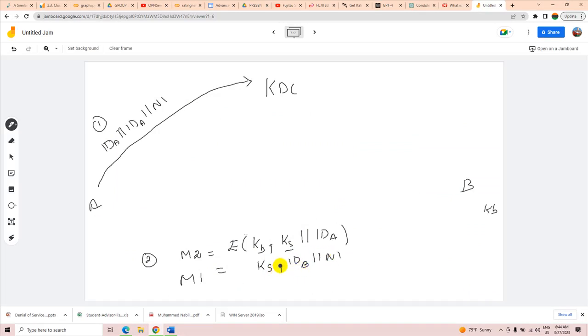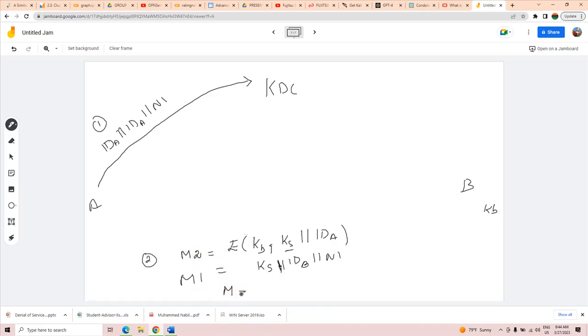So you can see, session key to A, used to communicate with B, then nonce. Whatever nonce A sends, it will come back. This is message 1.